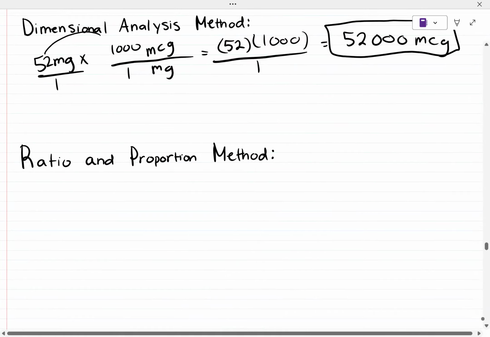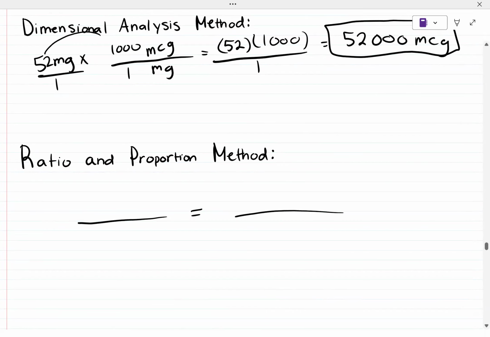Okay, ratio and proportion, so you can set it up like this. You can put mg on the top, and then mcg on the bottom, and then mg here, and then mcg on the bottom. So there's 52 mg, our unknown is mcg.